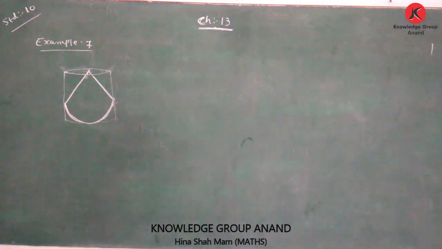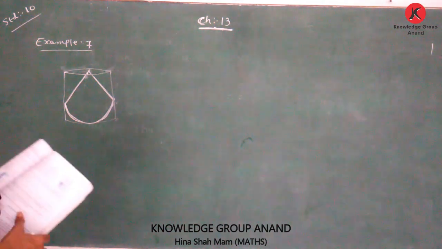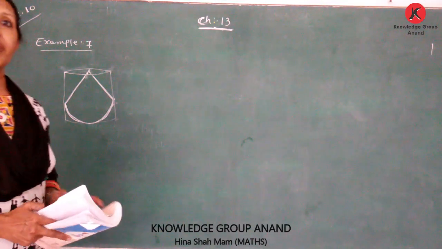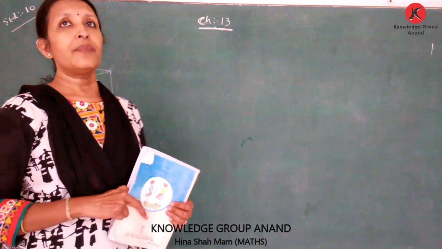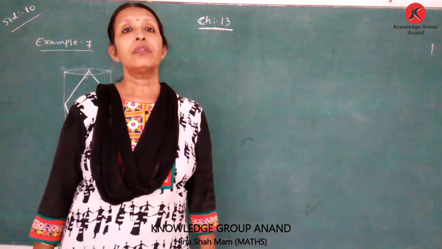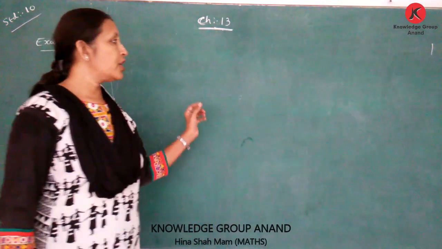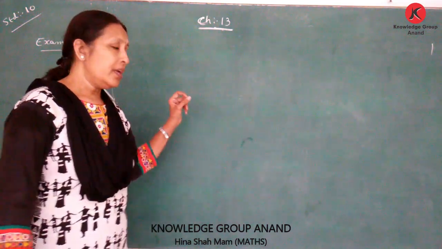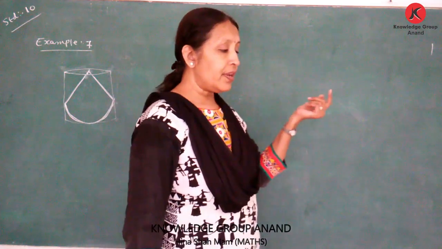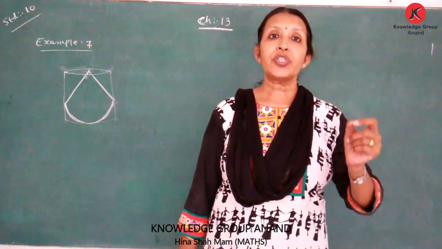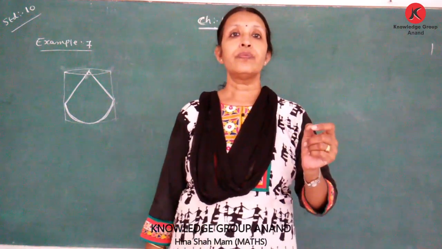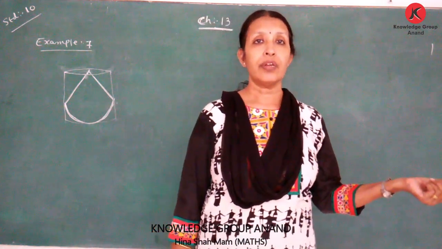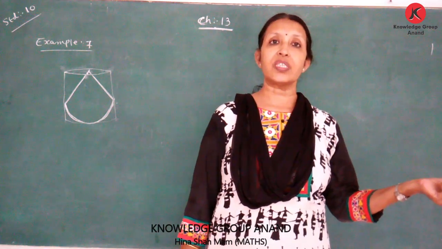We start example 7. In the previous lecture we learned about the volume of a combination of two solids. In the previous section we learned about the combination of two solids and found their total surface area.